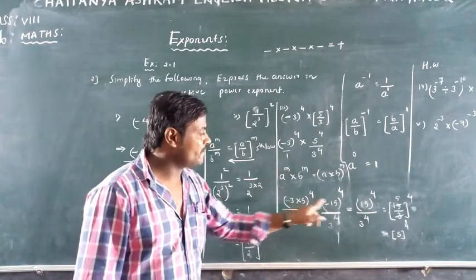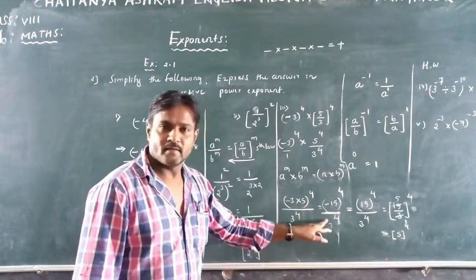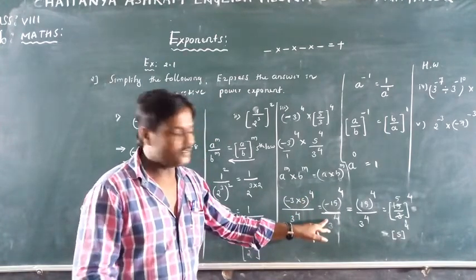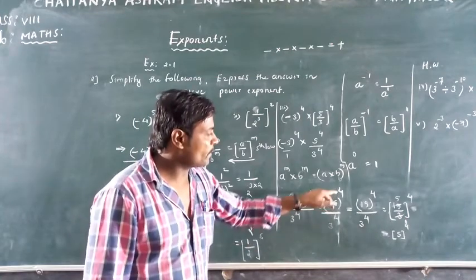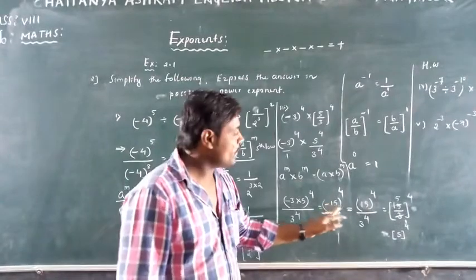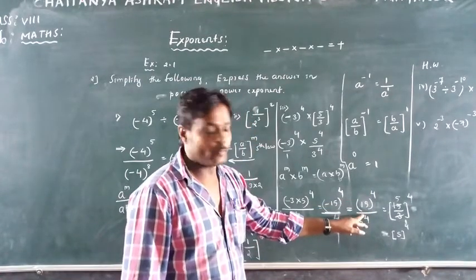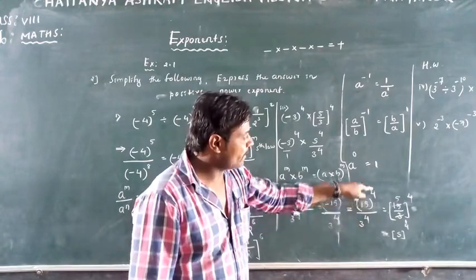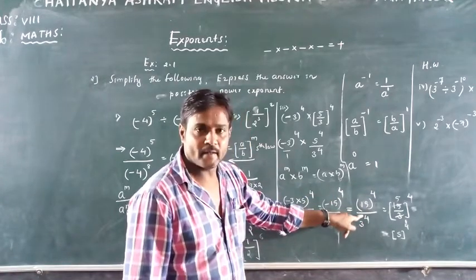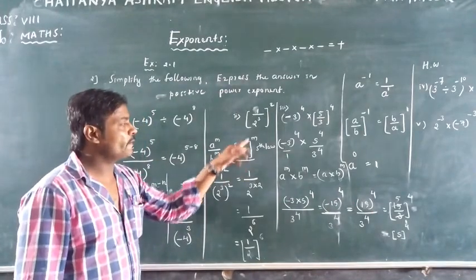Minus 3 into 5 is minus 15 raised to the power 4 as it is. Again 3 raised to the power 4 as it is in the denominator. Minus multiplied 4 times means it is positive. So now neglect this negative. 15 raised to the power 4 divided by 3 raised to the power 4. So now here a raised to m divided by b raised to m is equals to a by b raised to the power m.